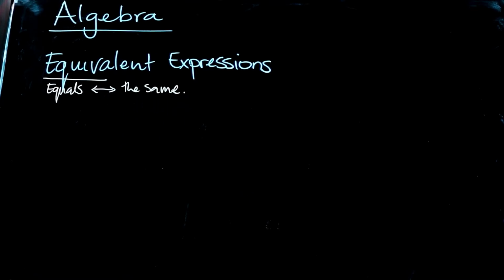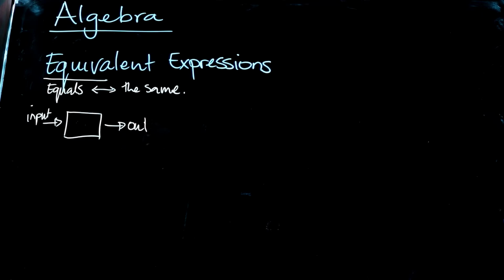So remember, if we just treat algebra as a box, we put something in, so we have an input, and we produce something, we get the output. We put a number in and we get an answer out the other side. Now, expressions are equivalent when you can put the same number in and get the same number out.